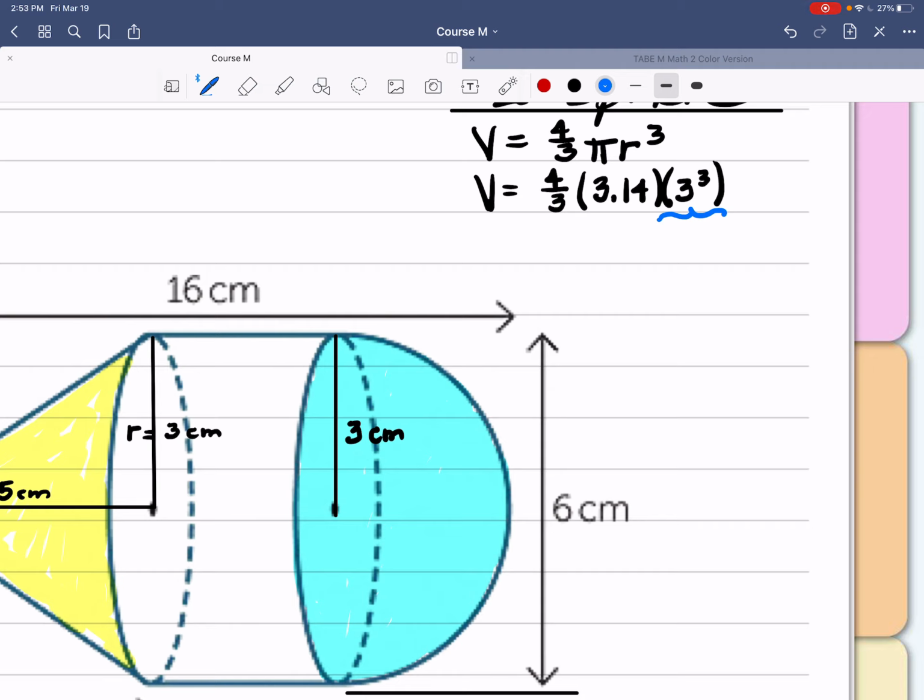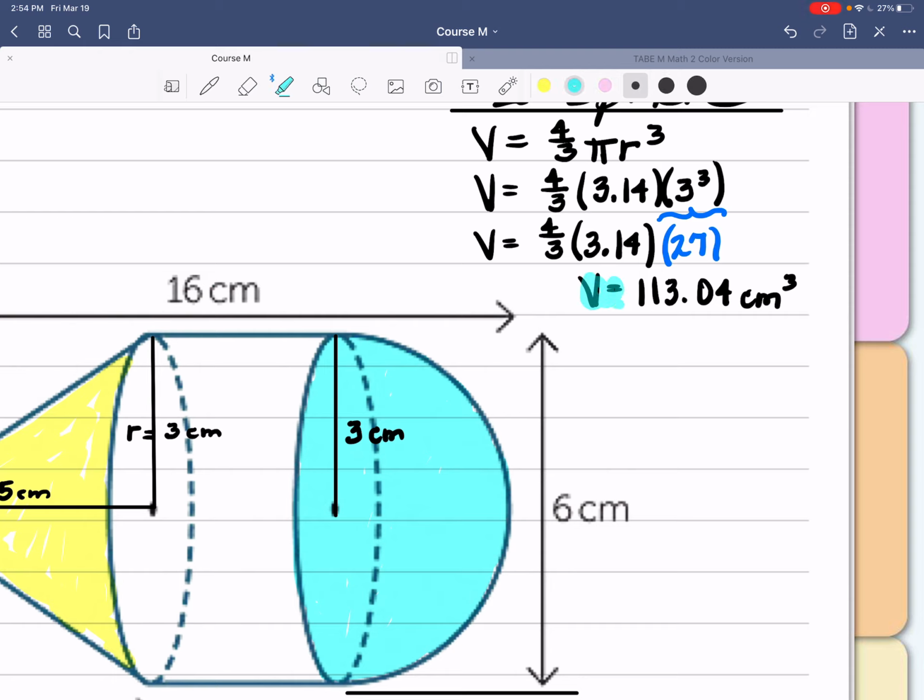That's 3 times 3 times 3. That's 27. And then multiply using your calculator. The Casio will do that for you. 4/3 times 3.14 times 27 is 113.04 cubic centimeters.